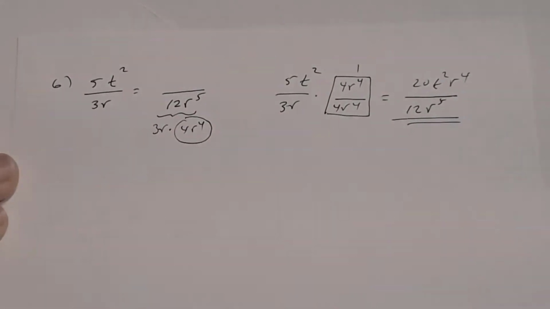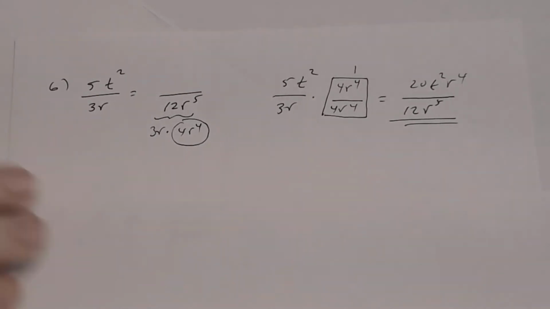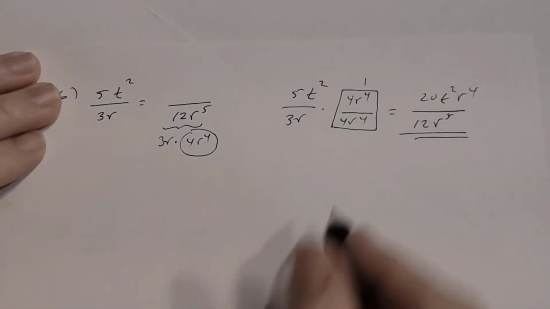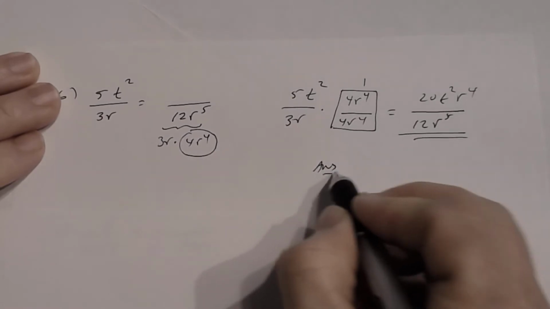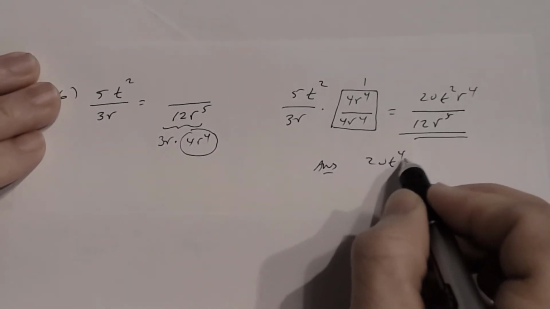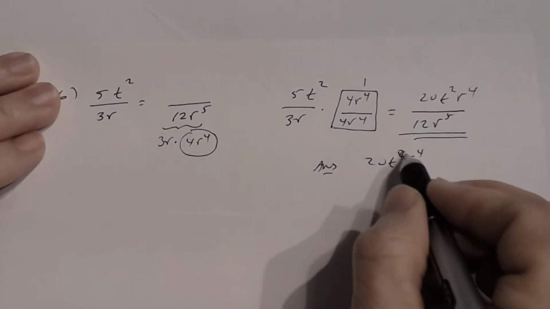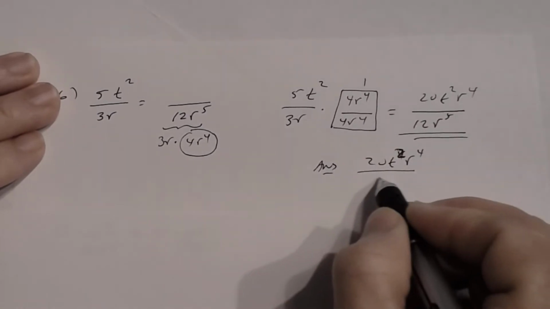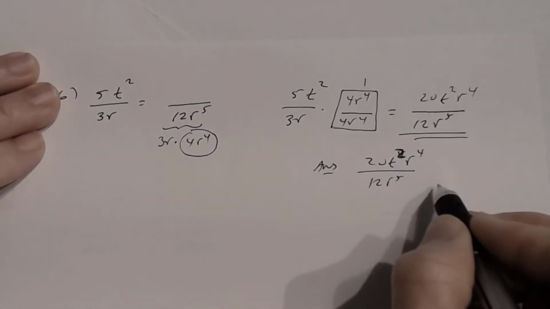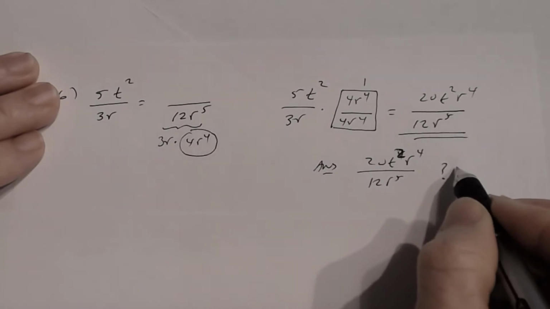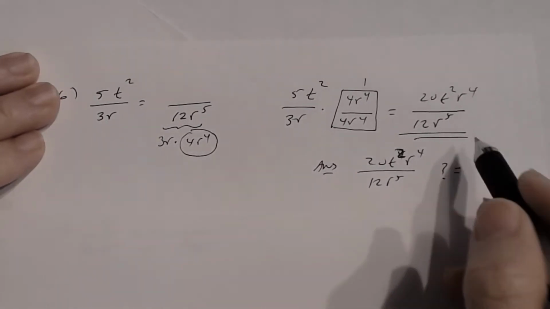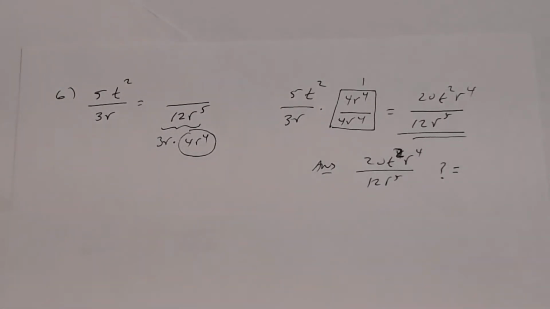So depending on how they want the answer written, you could say the answer is 20t squared r to the 4th divided by 12r to the 5th. Or my math lab may just ask you to write the numerator, and the numerator, see that blank here? They'll probably have a little question mark here.